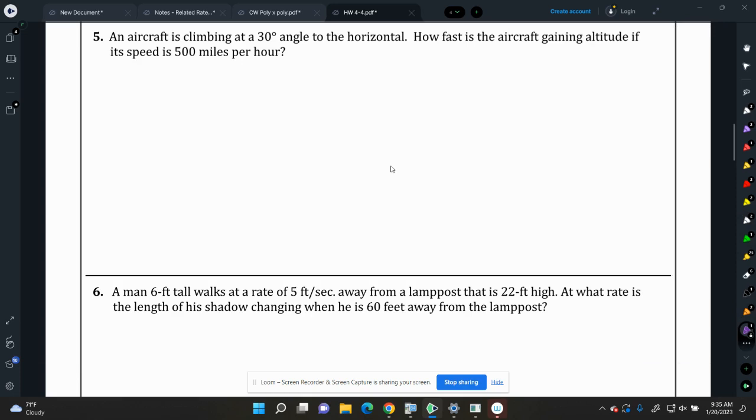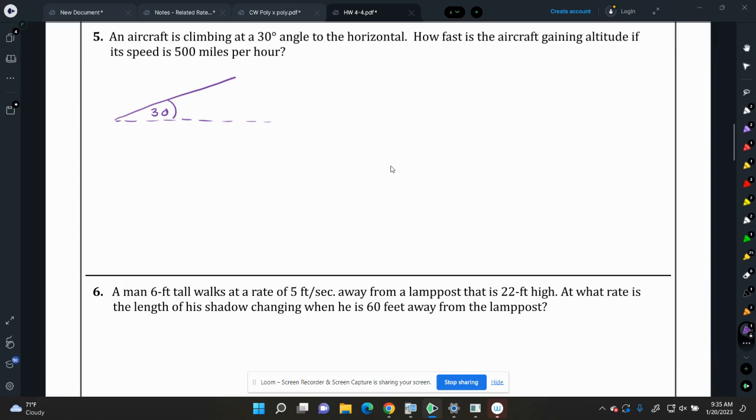Number 5. This is the one you all said you had trouble with. An aircraft is climbing at a 30-degree angle to the horizontal. Here's the horizontal. The aircraft is climbing at a 30-degree angle to the horizontal.